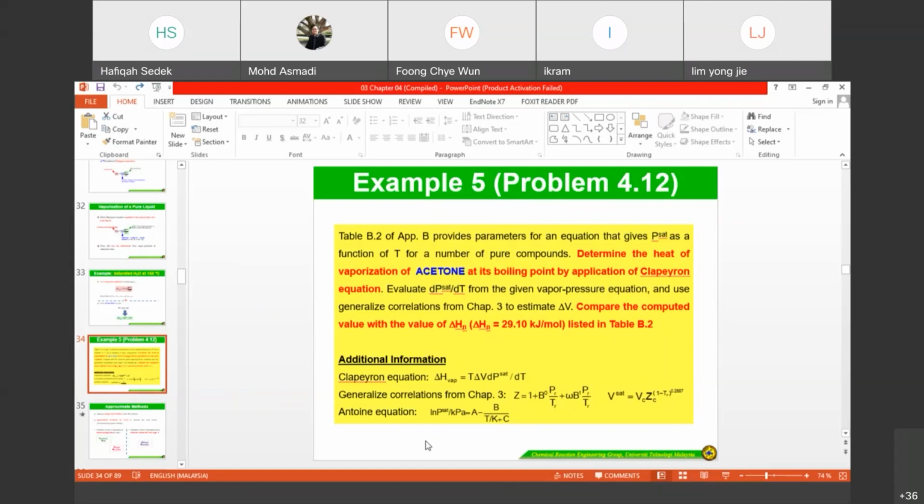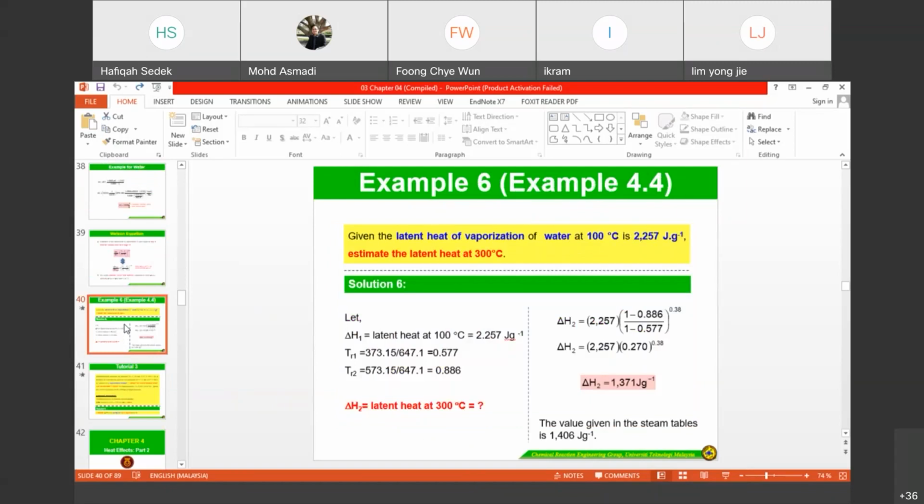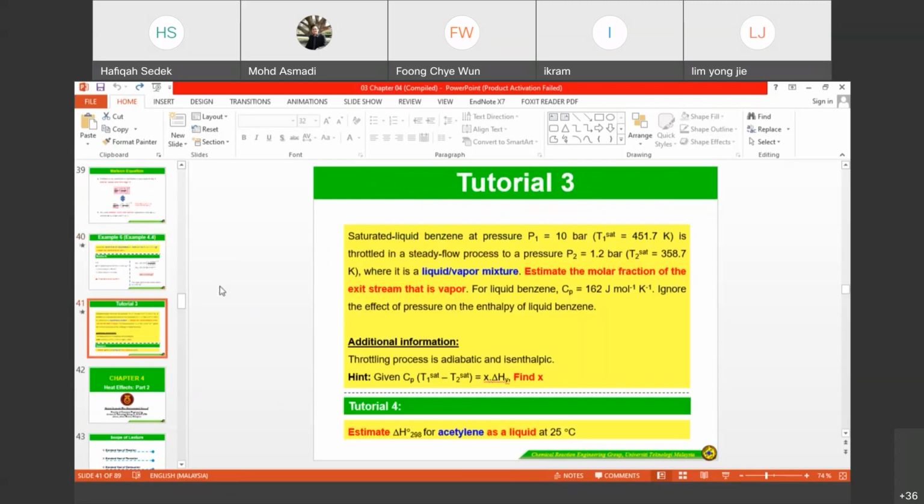Okay, so we move to the next example, which is the tutorial.